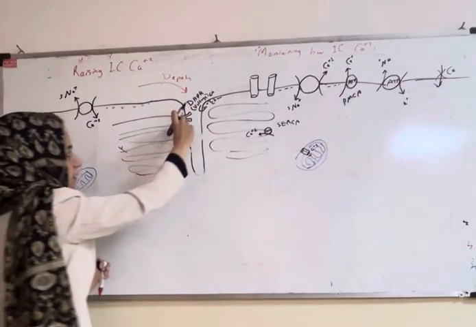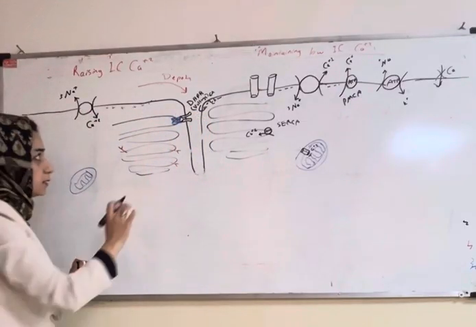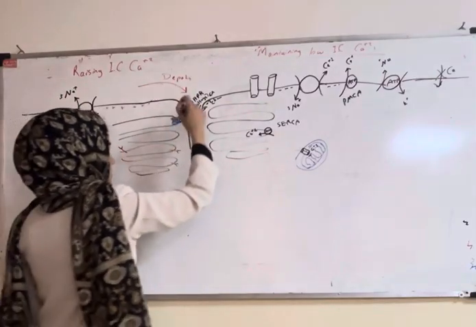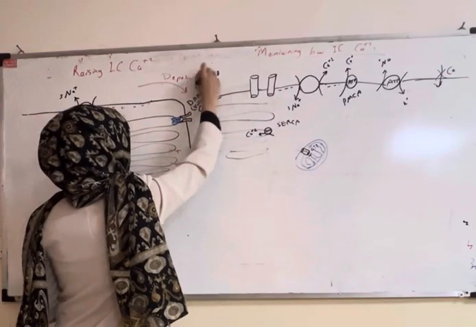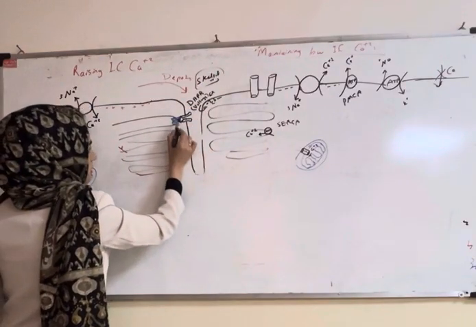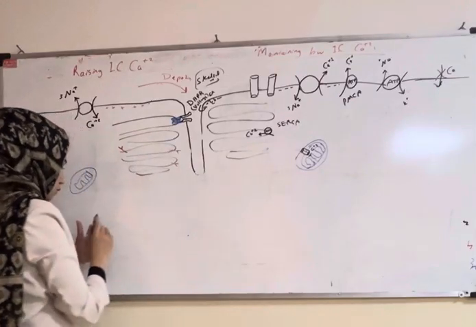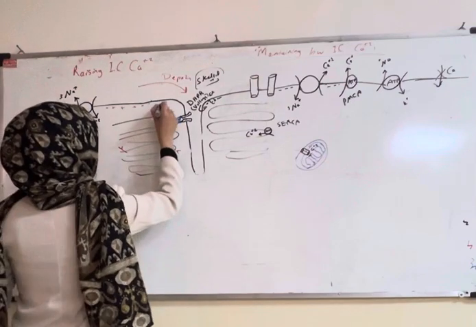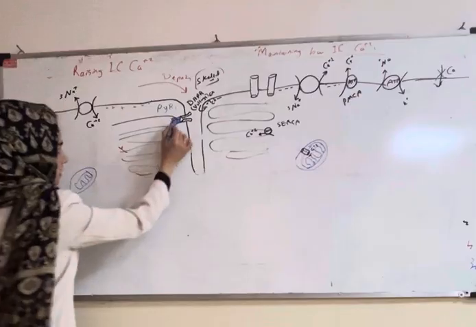In skeletal muscle, what will happen? It has a physical coupling with another channel, which is called the ryanodine receptor.